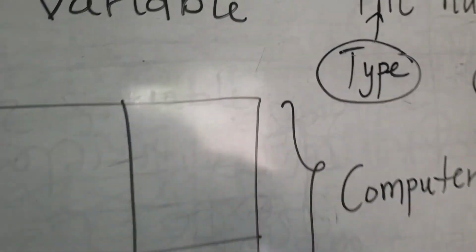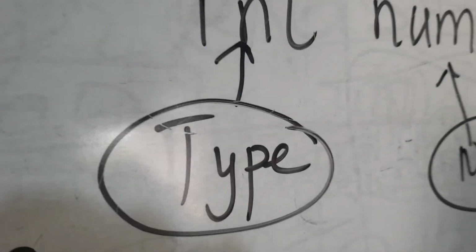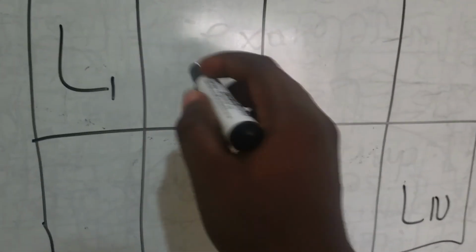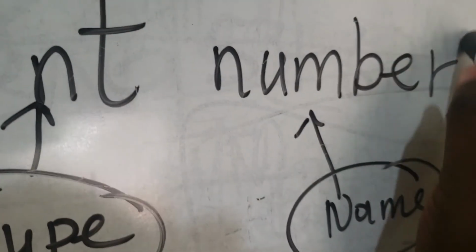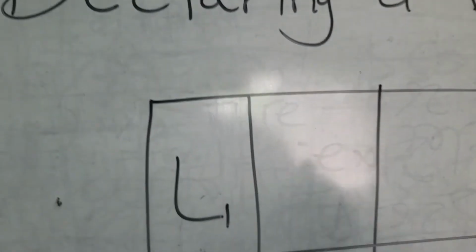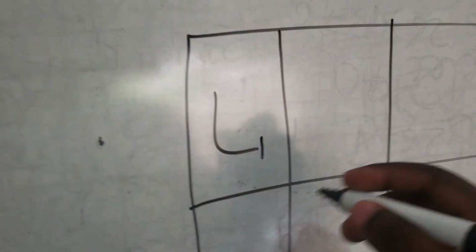Now, when you declare a variable like this, this is what goes on in memory. The computer looks for an available location here in the computer memory and assigns the name that you use for your variable to that location. So it looks something like this. Let's say the computer found this memory to be available.